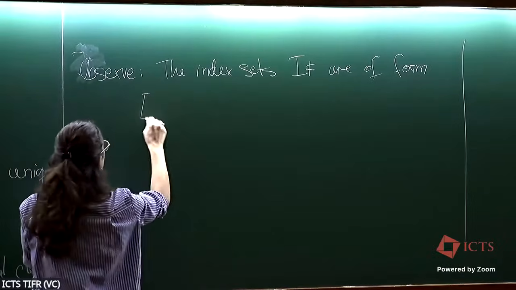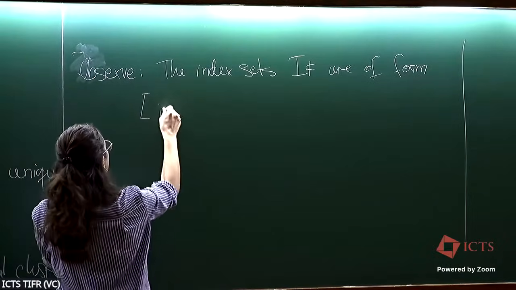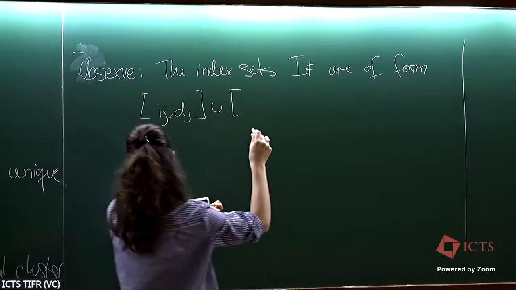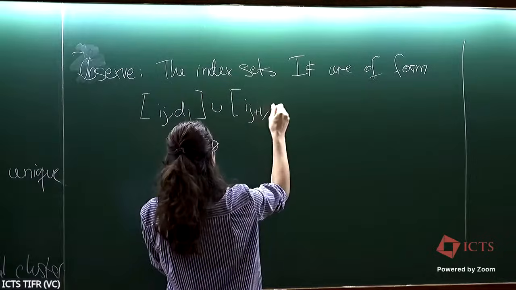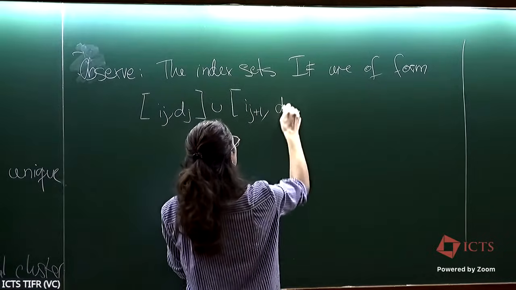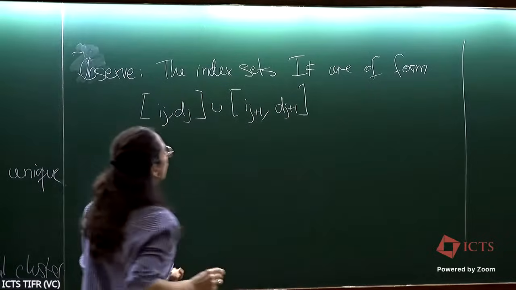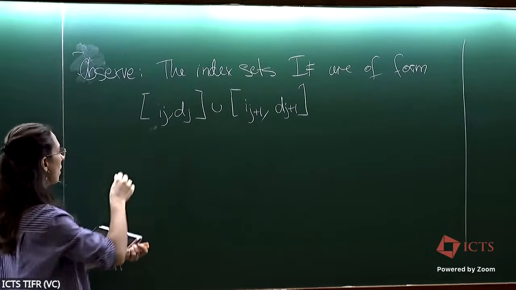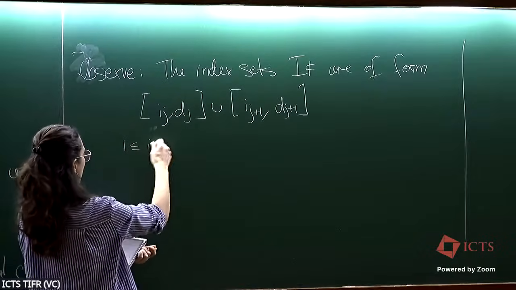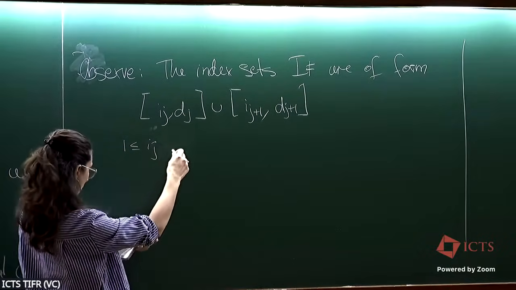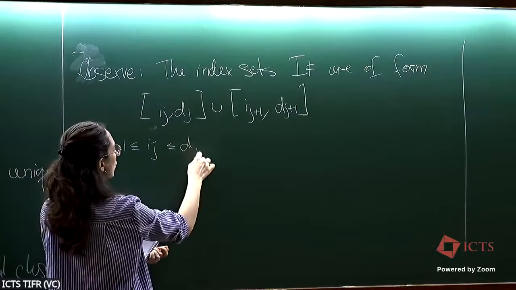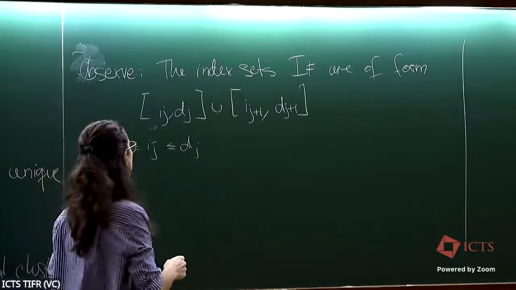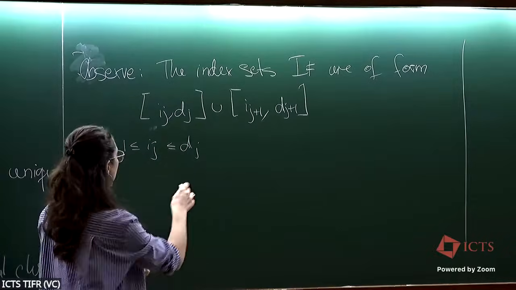So they're always of the form i_j up to d_j, and then i_{j+1} up to d_{j+1}, for some indices i_j that are, for the first one, less or equal to d_j. So d_j and d_{j+1} are two of my support, so my dimensions in my flag.